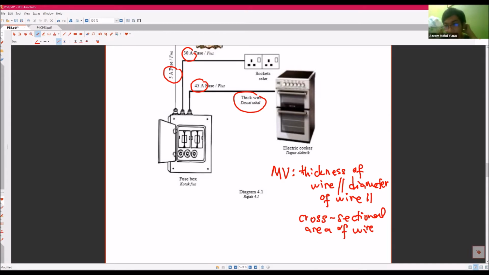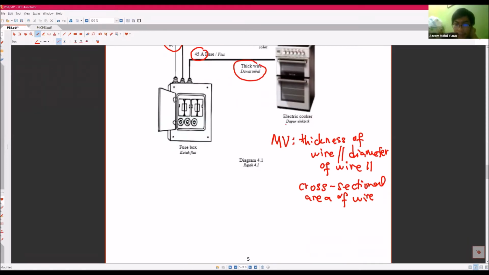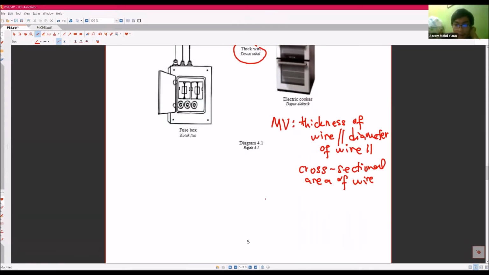So all of these three are acceptable. Make sure that you put cross-sectional area in full, not just cross-sectional or cross area, or just area. It's also not acceptable. So the RV, like usual, we need to measure the resistance.